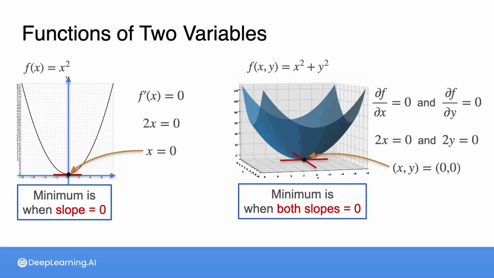Now, this time, solving the system of equations 2x equals 0 and 2y equals 0 was pretty easy. Sometimes you may have to do a little bit of work, but basically, to find the minimums and maximums, all you have to do is set all the partial derivatives to 0 and solve that system of equations.